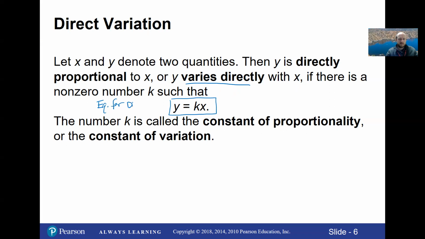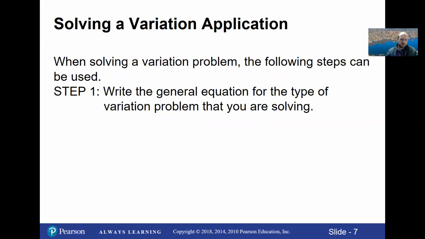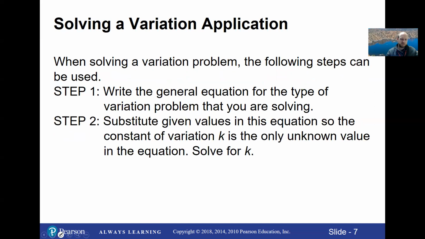K is often called the constant of proportionality, or normally the constant of variation. Let me give you an example. Actually, first I'm going to go through some steps.